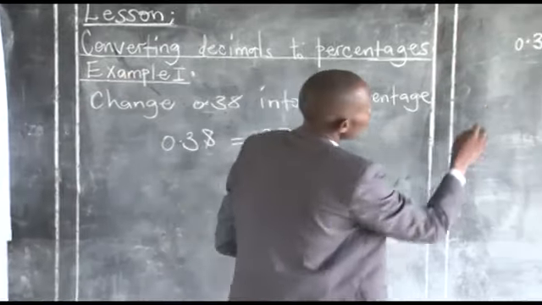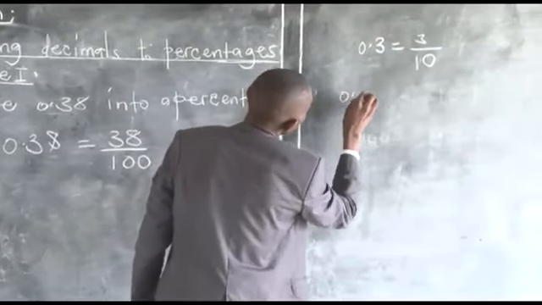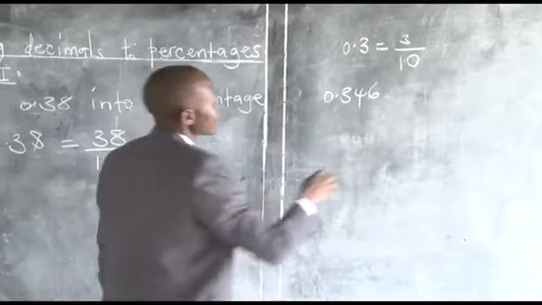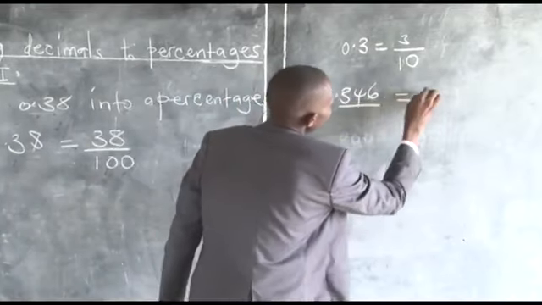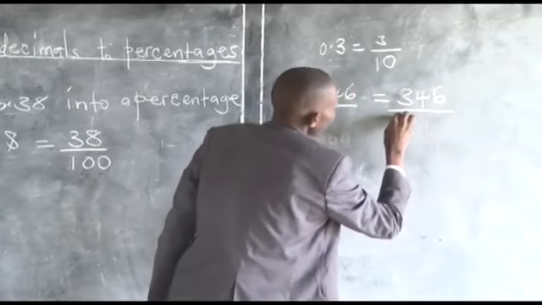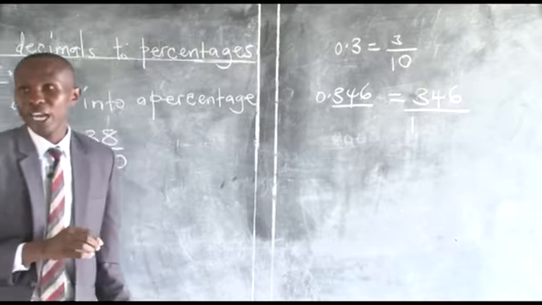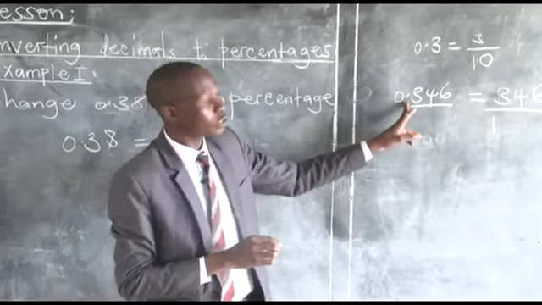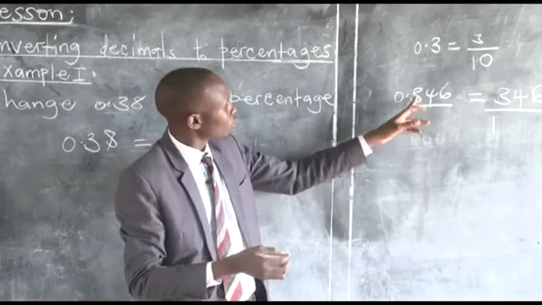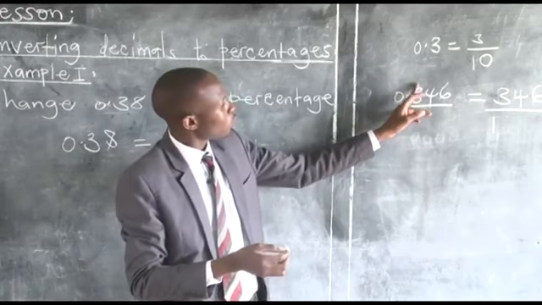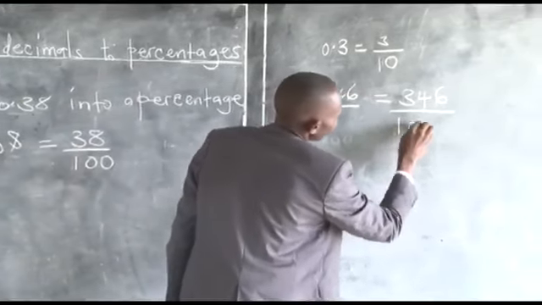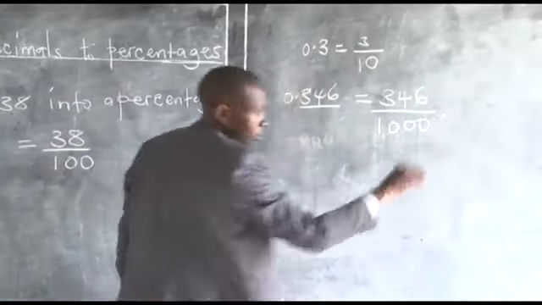Another example, if I have 0.346, we shall come with this number as 346 divided by 1. After dividing by 1, I'll come and consider the decimal places. How many do we have? From here, we shall count 1, 2, 3. So if there are 3, it means I have to put here 3 zeros.